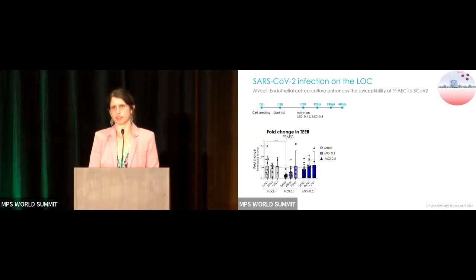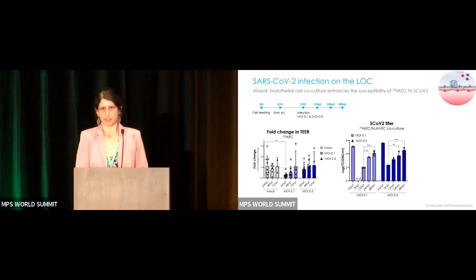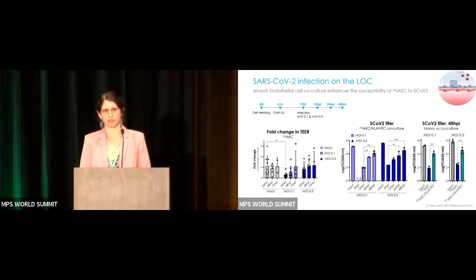And the virus production was also very inefficient in this setting. Upon addition of the endothelial cells, instead, we had a production of the virus that was increasing over time. Still, it is quite unproductive if you compare it to the inoculum, as you can see on the left bars, but we have an increase in the production of the virus over 48 hours.